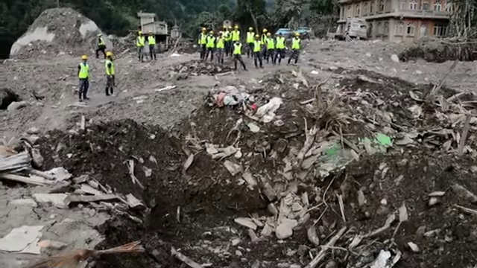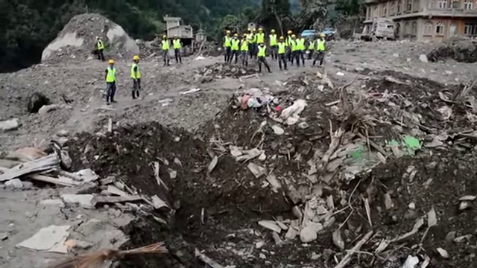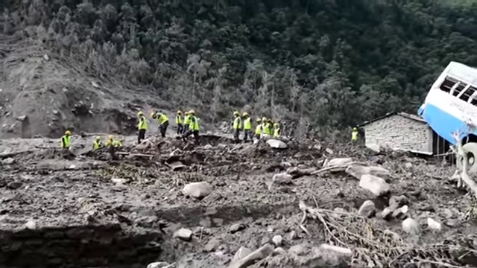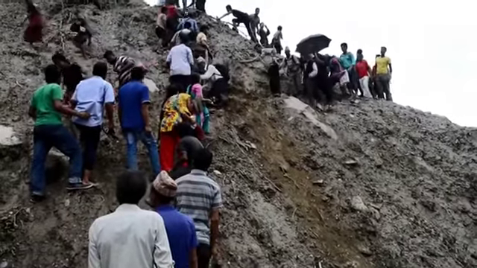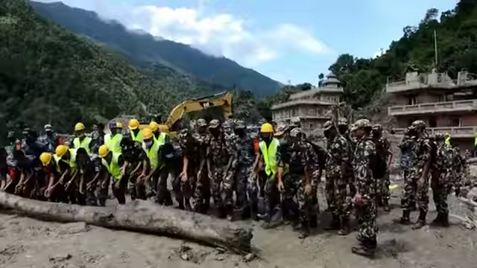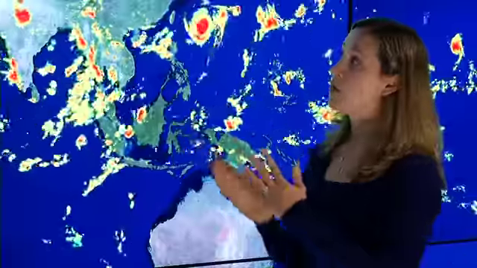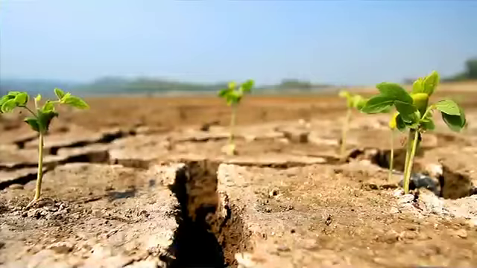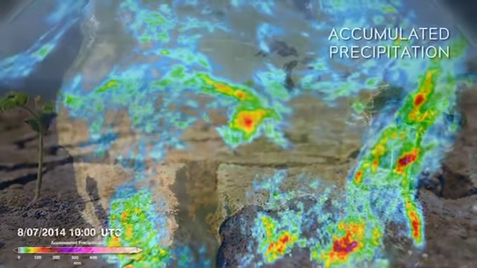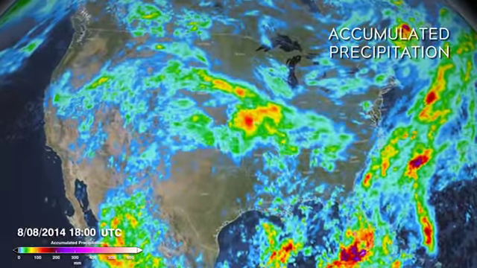You can see what's happening just 4 hours after it occurred. That near real-time capability is critical for disaster managers, understanding where we're getting flooding and landslides around the world. And when we look at the longer term, where we're getting the absence of rain, where we have droughts, we can understand how those drought conditions are continuing or may be improved because of rainfall that's coming.